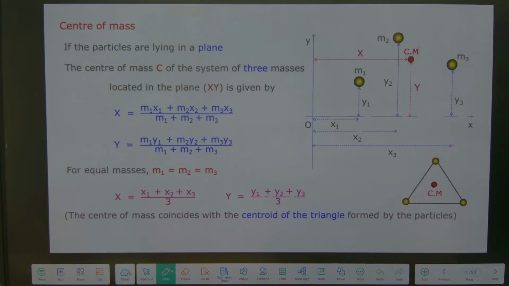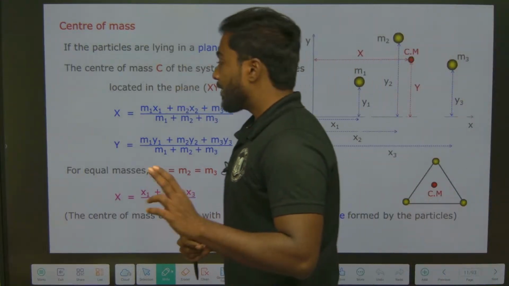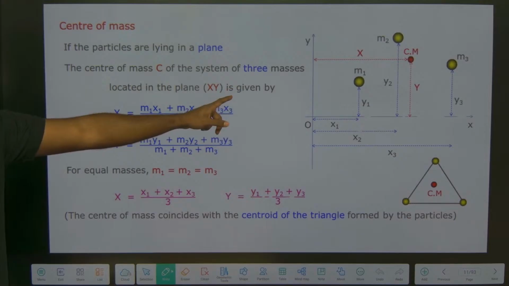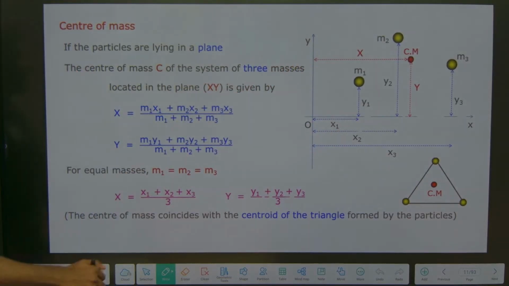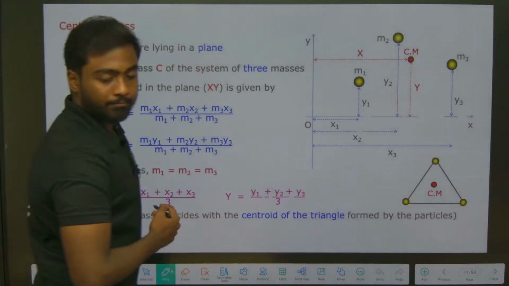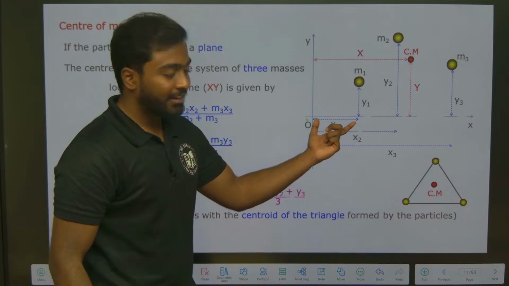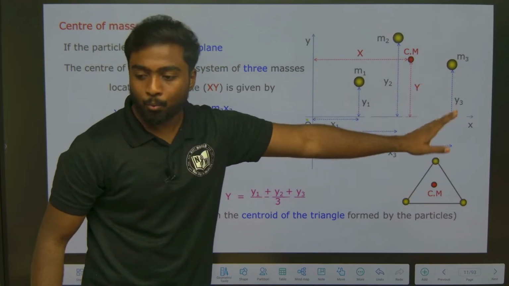Now, we have talked about a single axis. When we talk about a plane, that means two axes, the x axis and y axis. Similarly, we have considered three particles here. The distances in the x axis are x1, x2, x3, and in the y axis are y1, y2, y3.